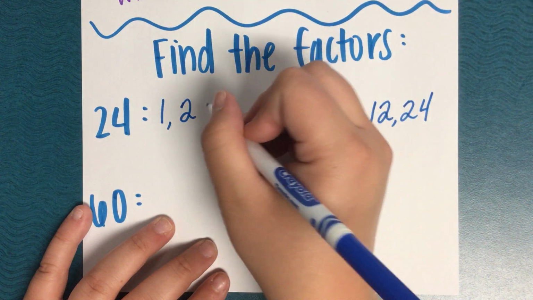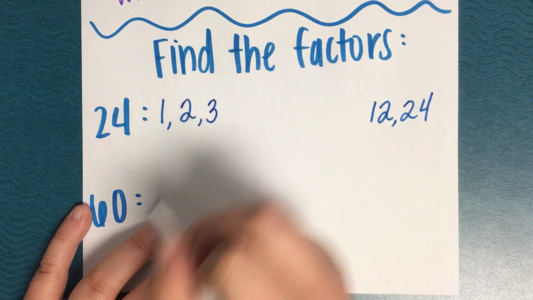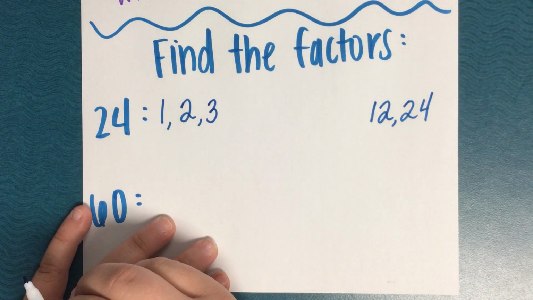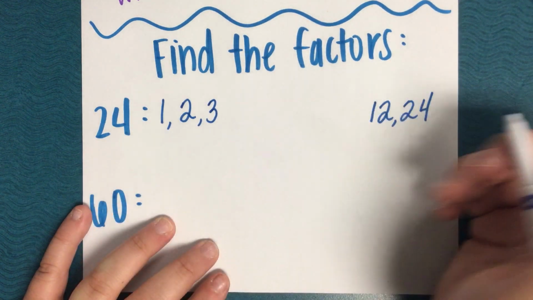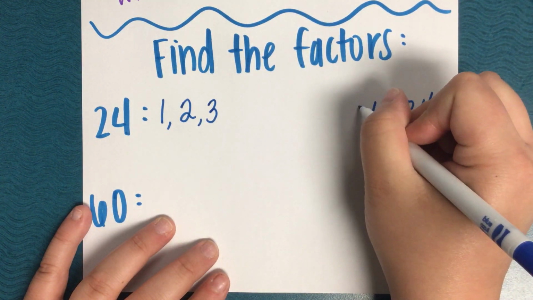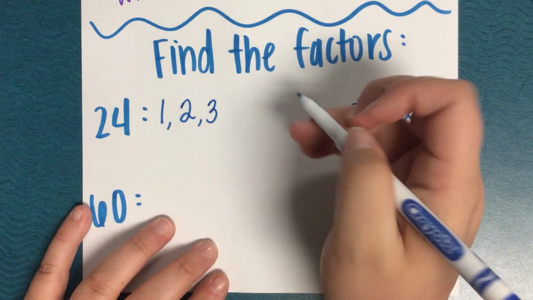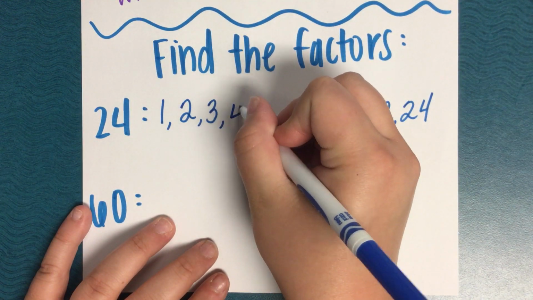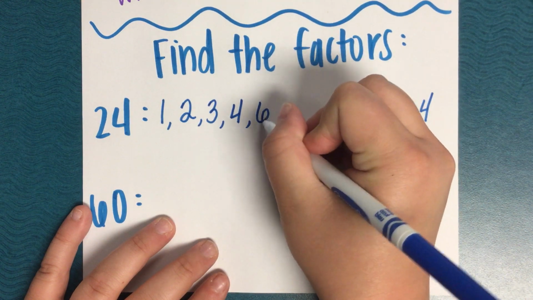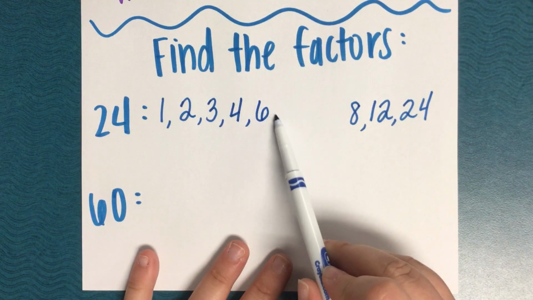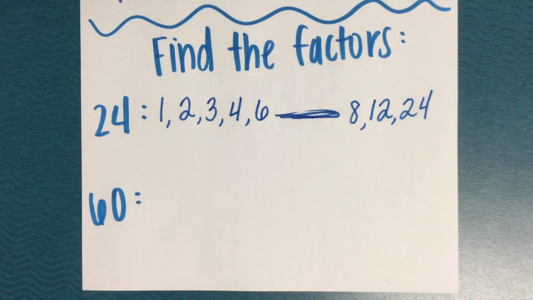I know that 3 can go into 24. 8 can also go into 24. And then 4 and 6. So connect this gap right here. So we've got 1, 2, 3, 4, 6, 8, 12, and 24. Those are the factors of 24.